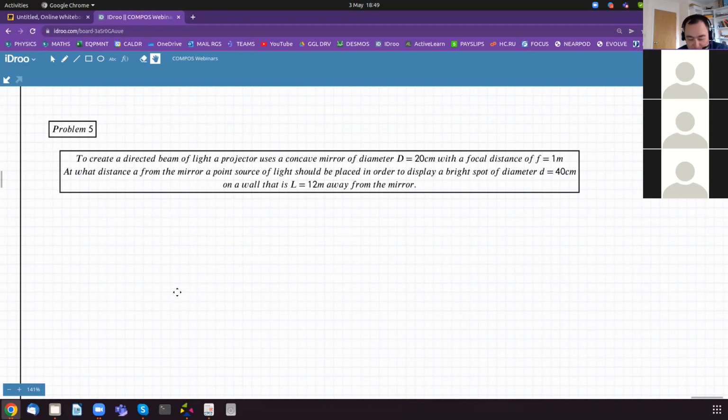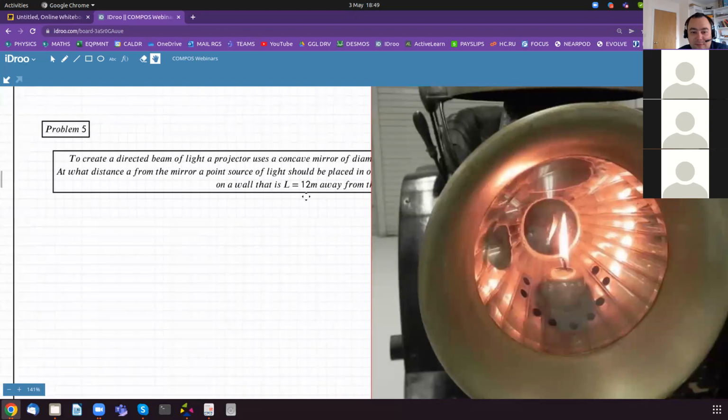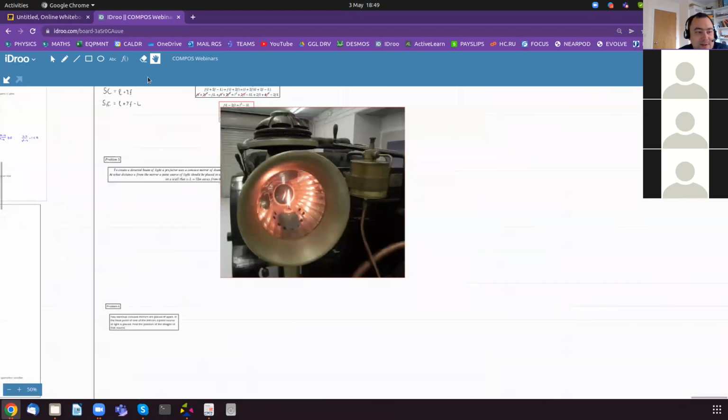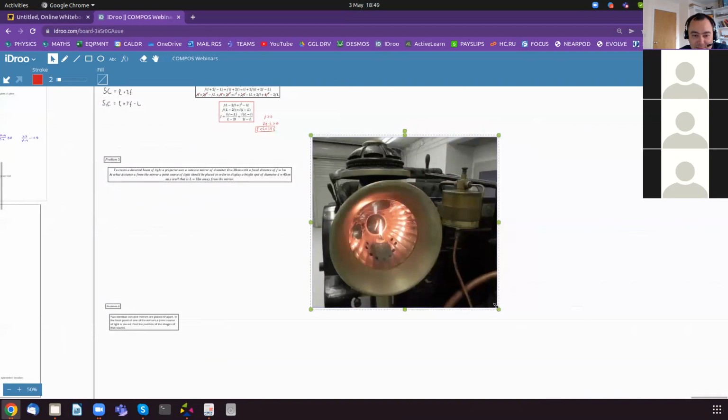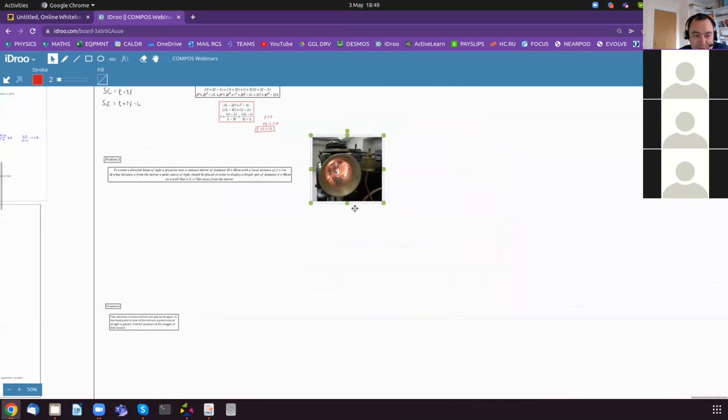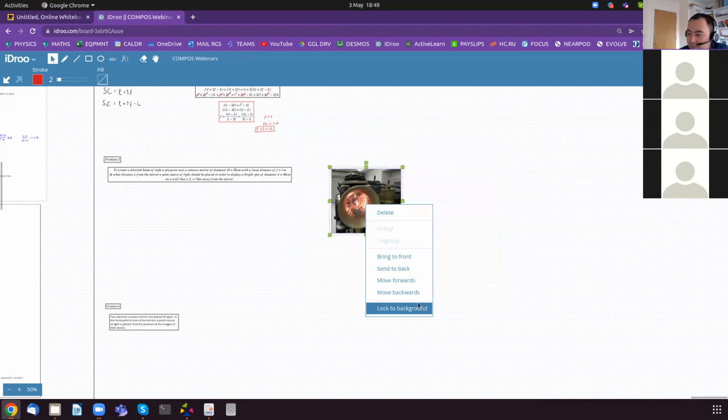If you look at old cars, this is how they did headlamps. I'll show you in a minute.